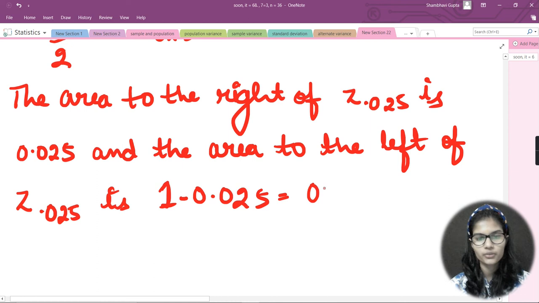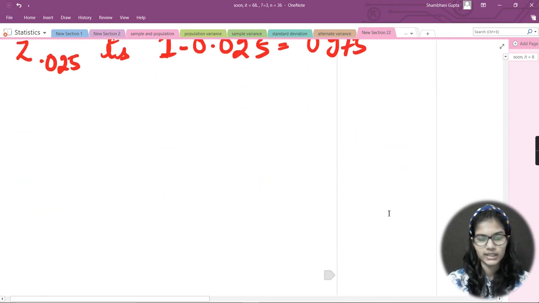So that is here 0.975. Fine. So this is the area to the right of z of 0.025 is 0.025, and the area to the left of z of 0.025 is 0.975, right? So this is the value which we just got here for the area.